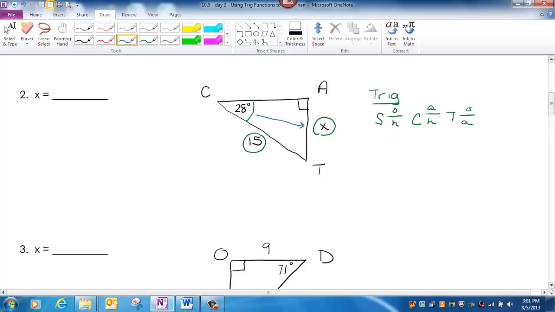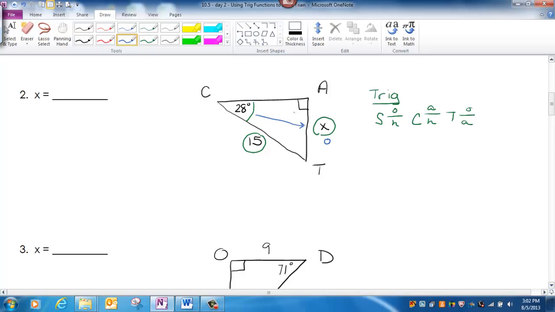Is it opposite, is it adjacent, or is it the hypotenuse? Well, we know it's not the hypotenuse because it's not across from the right angle, and since the x is across from the 28 degree angle, this is opposite. So I'll put an O there for opposite.